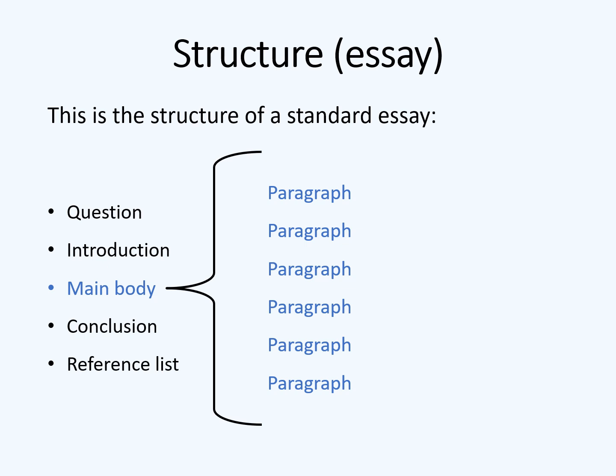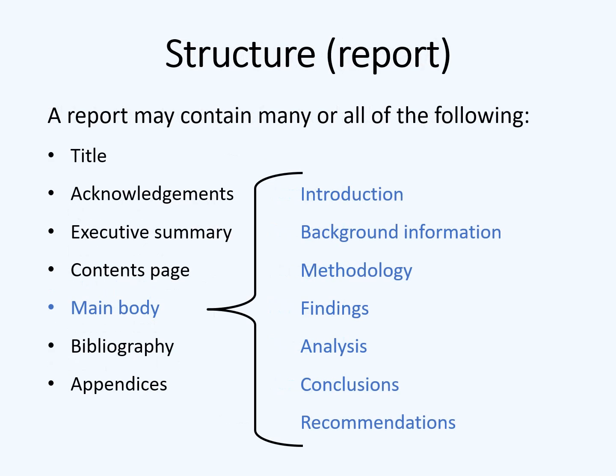As you can see, the structure of an essay is relatively simple, with a series of main body paragraphs in which you explore a question and build an argument, topped and tailed by an introduction and a conclusion. The structure of a report is more complex, not least because they can be long and detailed and therefore require more organisation.